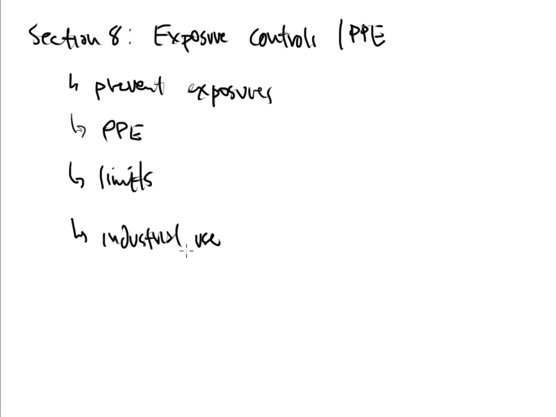So this is kind of what helps determine some rules in a laboratory. They want to make sure that this exposure limit does not go over the limit, and they also want to make sure that you have the correct PPE that you need as a worker when you work with this specific chemical.